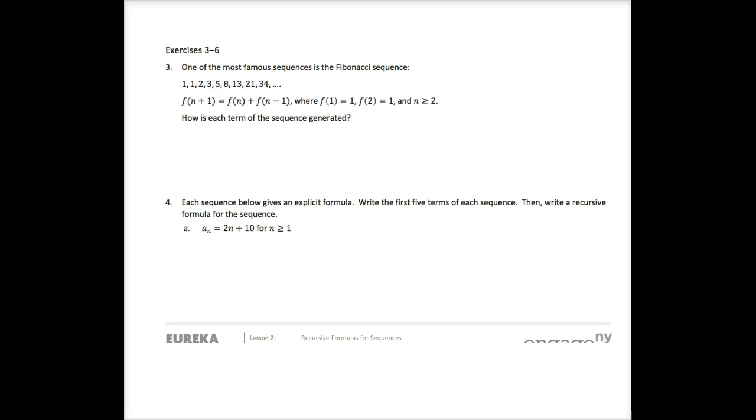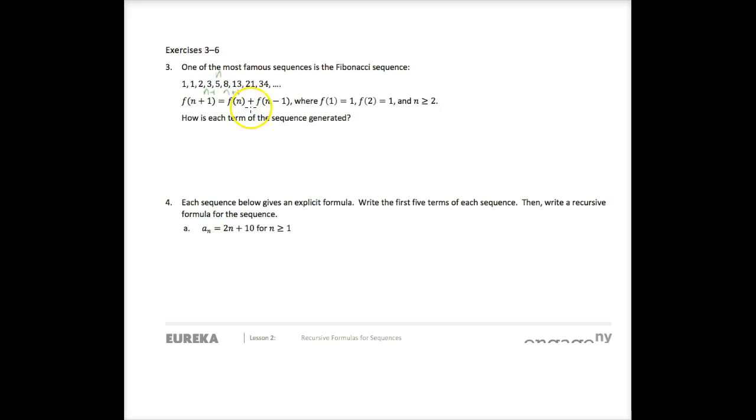All right, one of the most famous sequences is the Fibonacci sequence. 1, 1, 2, 3, 5, 8, etc. It says, how is each term of the sequence generated? Well, if you look here, probably finding the pattern isn't so obvious. But if you look here, it says the new term is the term in front of it plus the term in front of that. If you think about it, if we were to call this n, this would be n minus 1, and this one would be n plus 1.